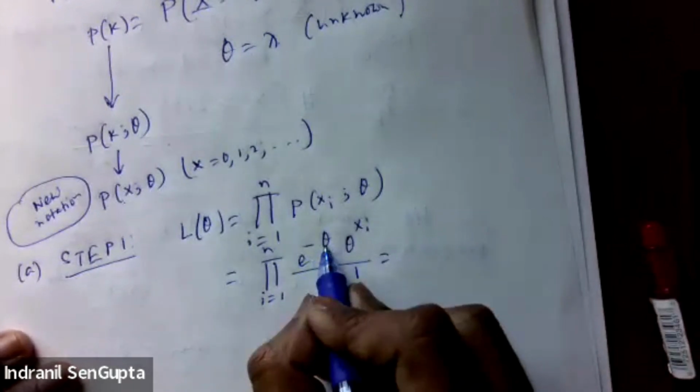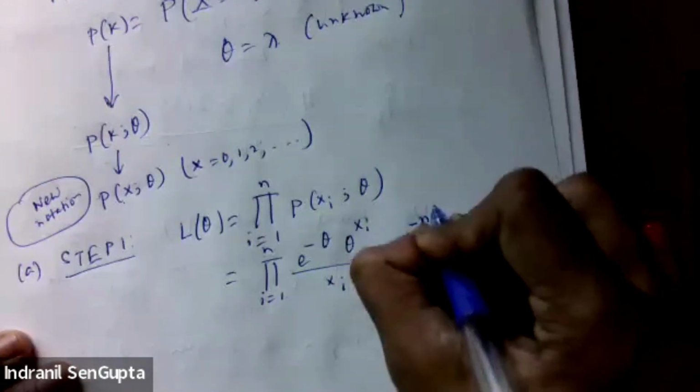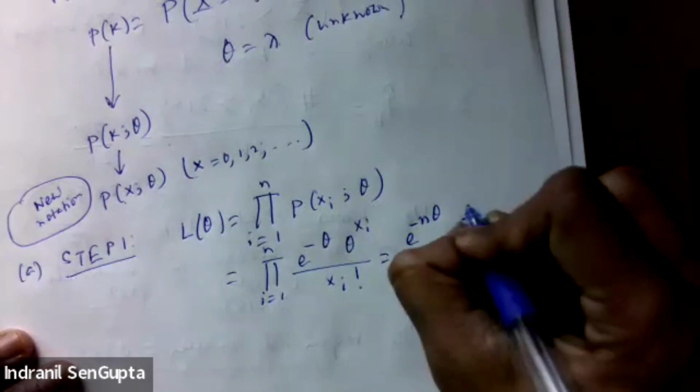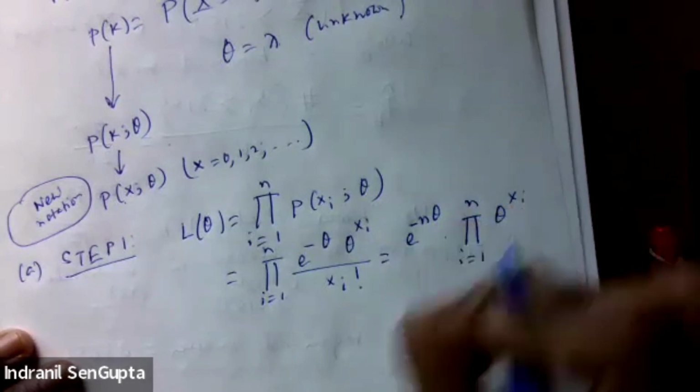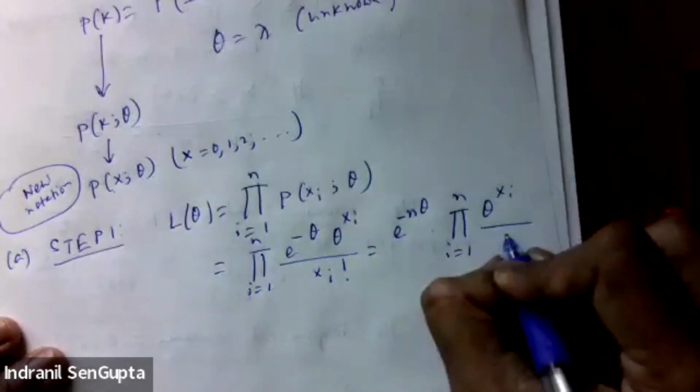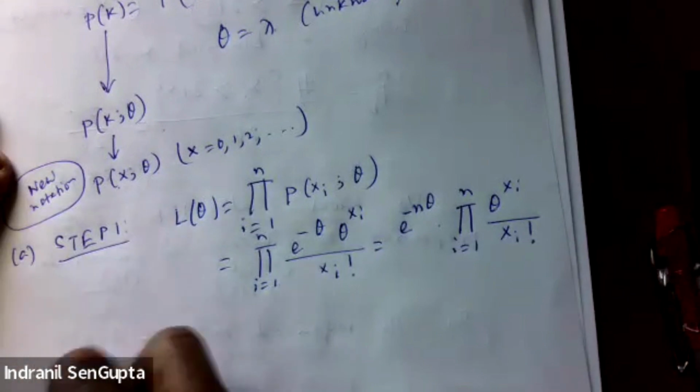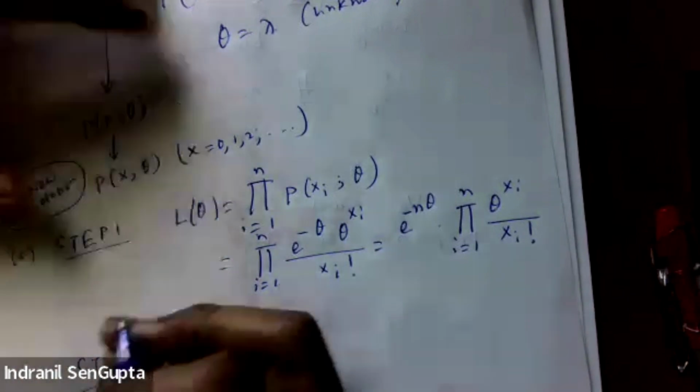So there are n of these e to the minus theta factors, so it's e to the minus n theta. Then I can write this as the product over i from 1 to n of theta to the x i over x i factorial. Okay. Step 2, take the logarithm of that.